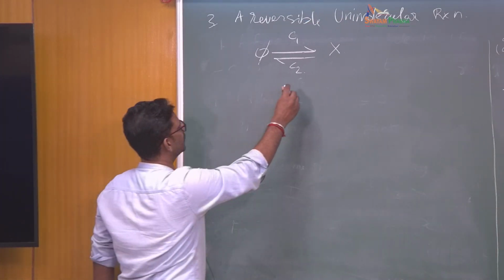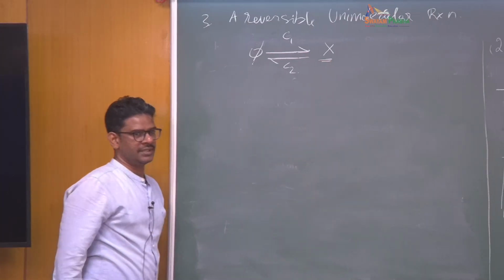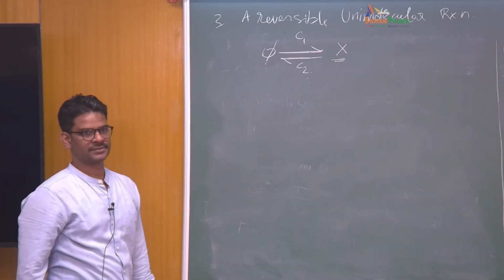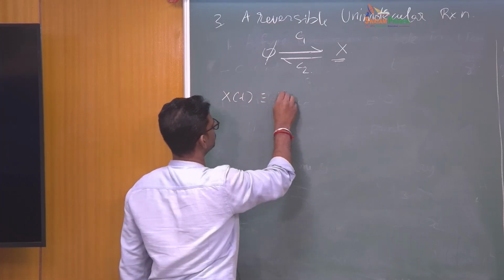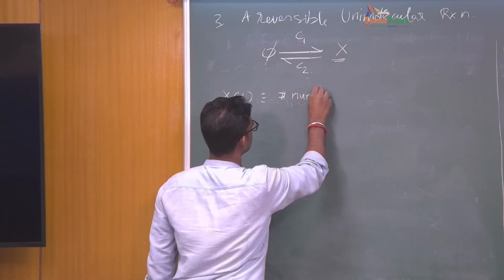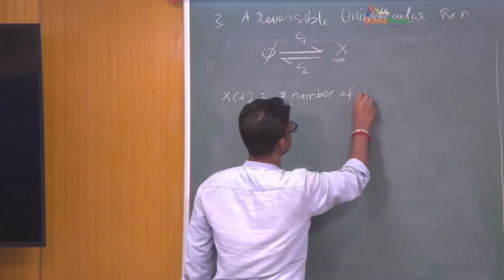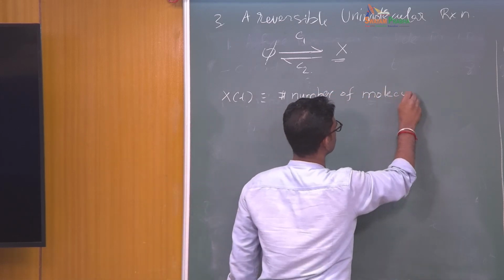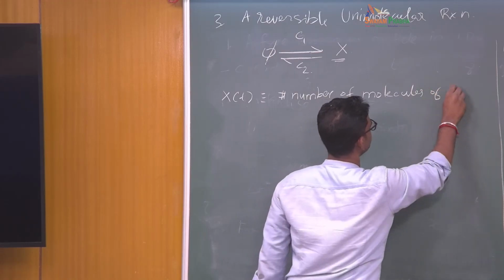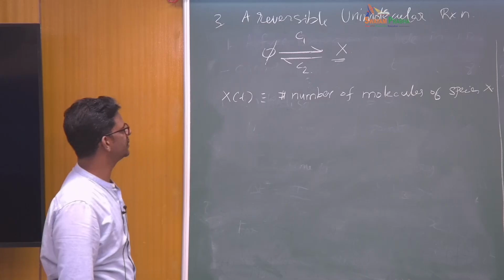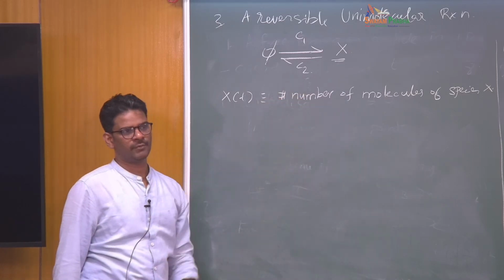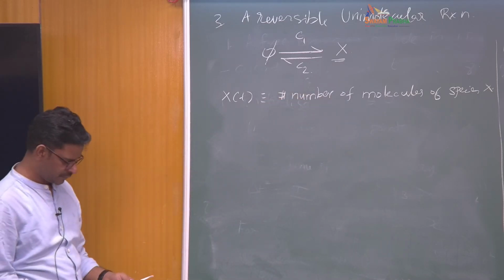In this case, the state variable is basically the number of molecules of x. So x of t would be the number of molecules of species x. So we are interested in the dynamic evolution of the number of molecules of x through the Langevin equation.